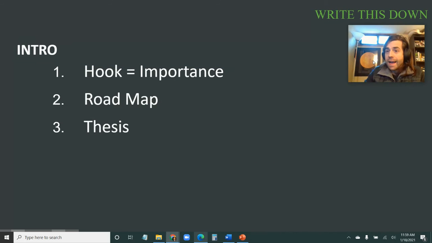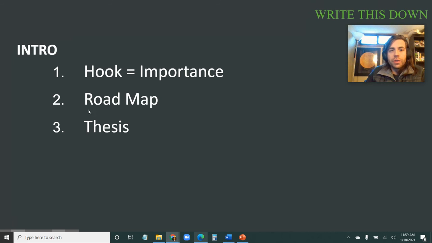So looking at the paragraphs that you're going to want to create a little bit more in depth, I say write this down, so put this in your notes. These are the things that you're going to want to include. So in your introductory paragraph, you're going to want to create a hook. So something to just get your reader thinking about this topic. And I'd really argue that you should explain kind of here's what the question is, and here's why this question is important for the world to think about today.